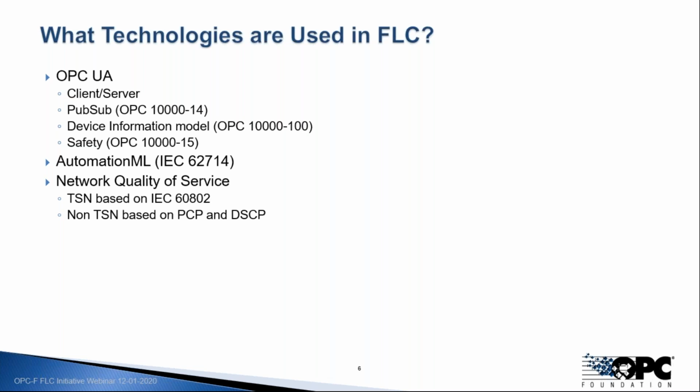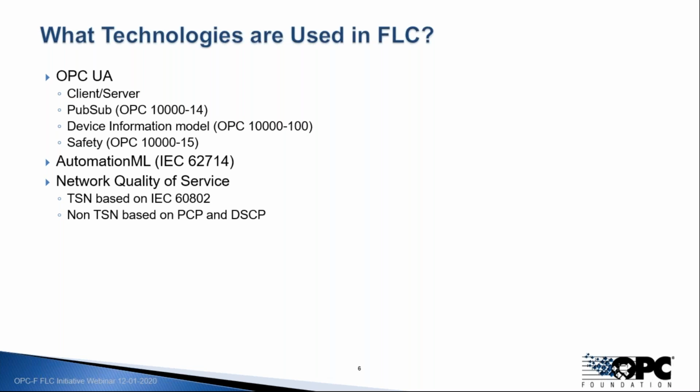We'll be using the device information model defined in Part 100 for describing the device from an asset point of view. This information will be useful both at the software application level for doing asset management and monitoring the overall state of devices, and it will also be used for checking compatibility of devices when communications are being established, to ensure that one device is talking to the other device that it is really expecting.